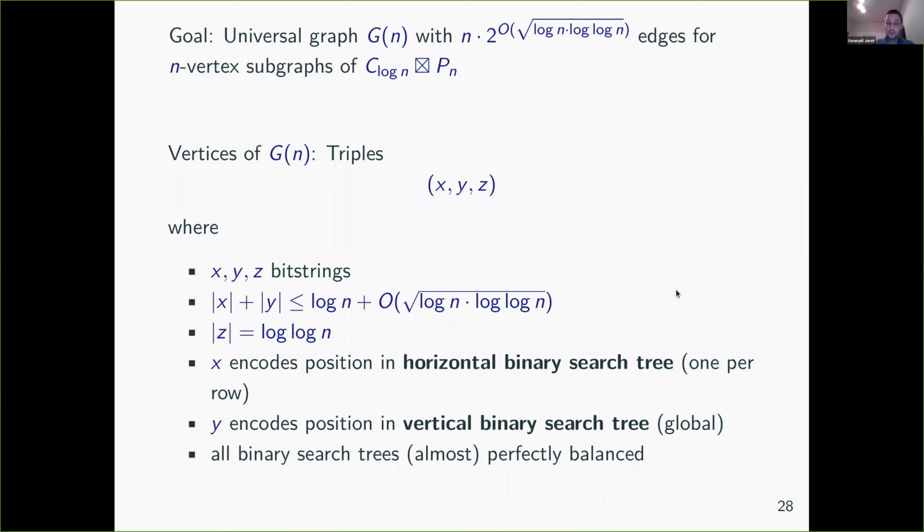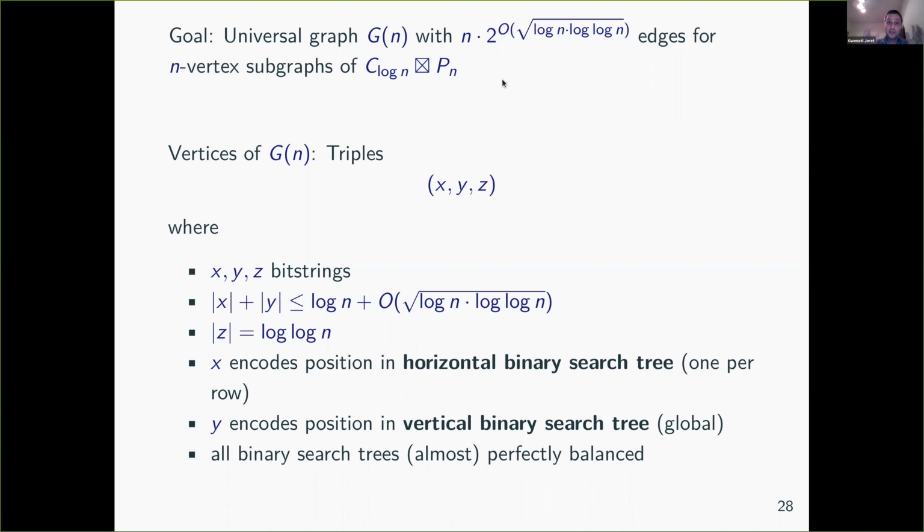Okay, so now I'm not going to explain how we put the edges between these vertices of your universal graph. What I'm going to do is I'm going to try and give some idea of how we embed a given graph into the universal graph. So we are given some specific graph G on n vertices, which is a subgraph of this graph C log n times Pn.